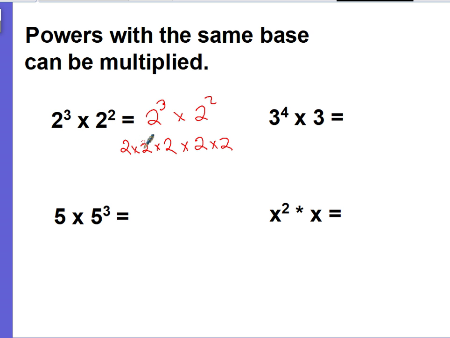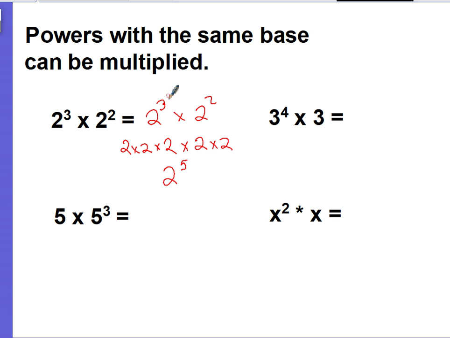I see 5 2's all being multiplied together, and we learned earlier that that would just be represented as 2 to the fifth. So I had 3 2's being multiplied, I had 2 more 2's being multiplied together, and that ended up being 2 to the fifth.